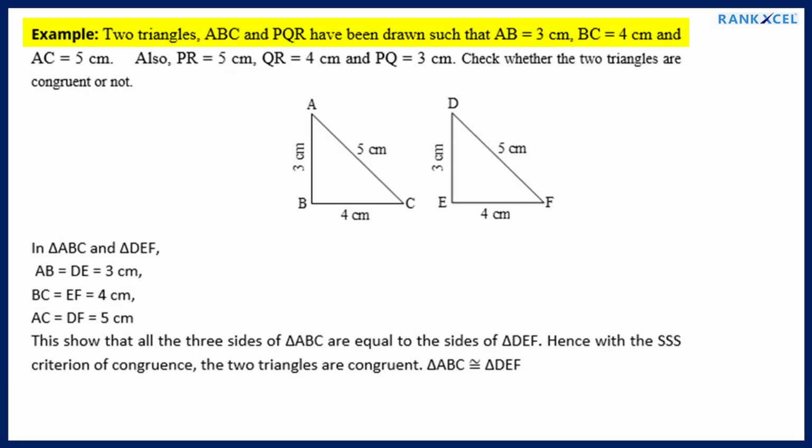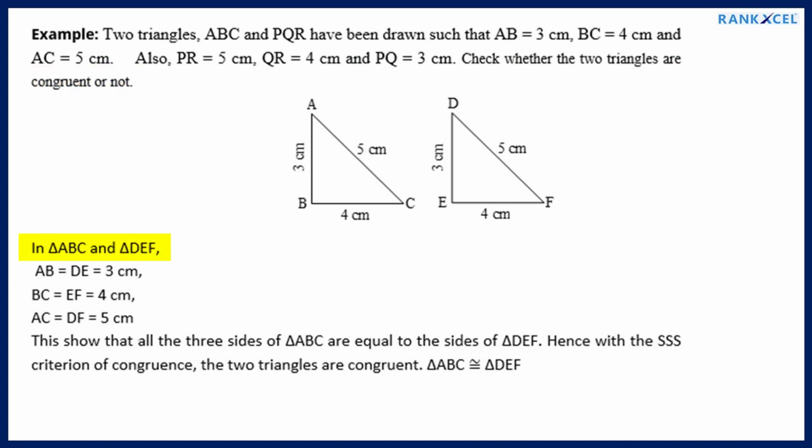Example. Two triangles, ABC and PQR have been drawn such that AB equals 3 cm, BC equals 4 cm and AC equals 5 cm. Also PR equals 5 cm, QR equals 4 cm and PQ equals 3 cm. Check whether the two triangles are congruent or not.